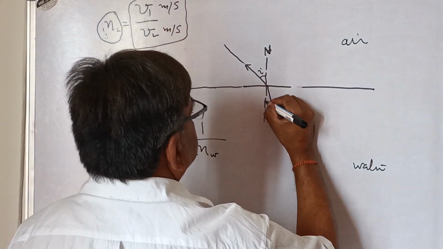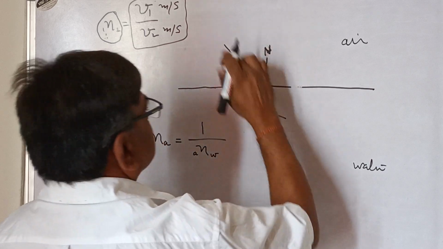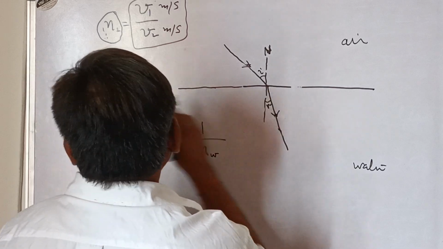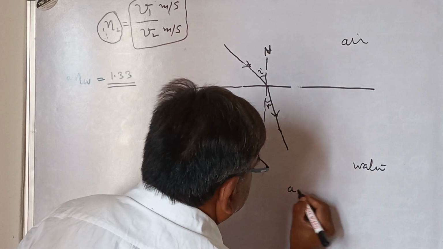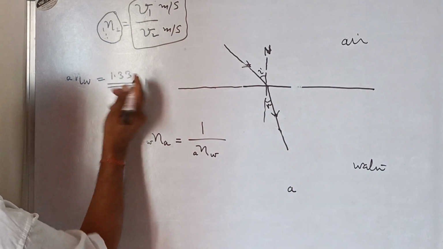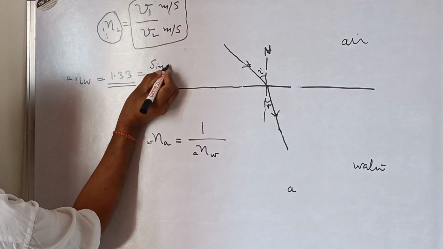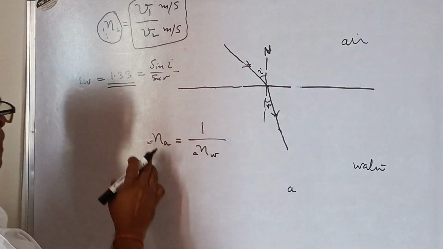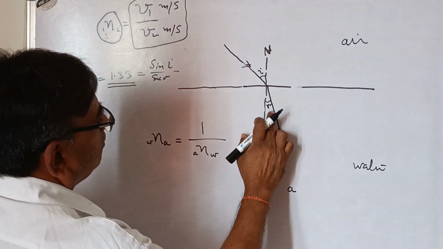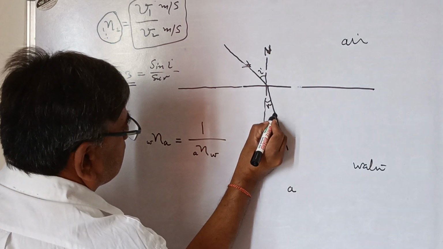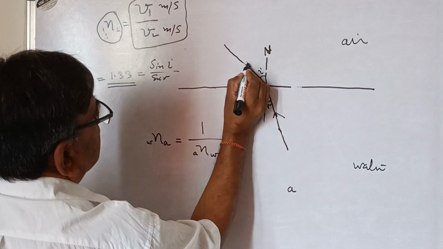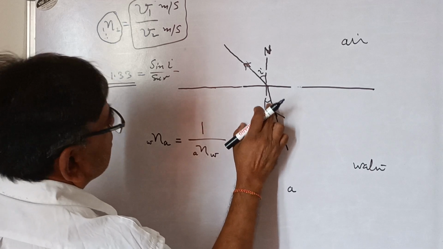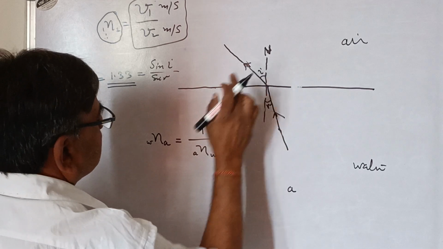This is i, this is r. In the first case, when the ray is coming here and going here, A n W will be sin i by sin r. And what will it be when it follows this path the other way? Here we will take the incident angle as this one and the refracting angle as this one.